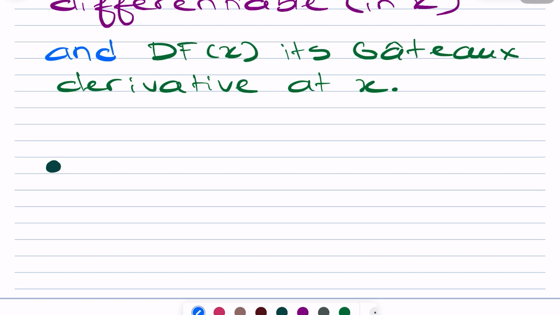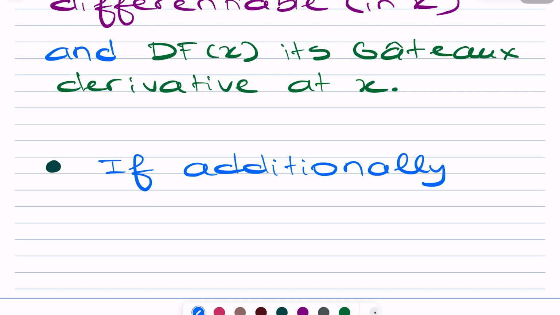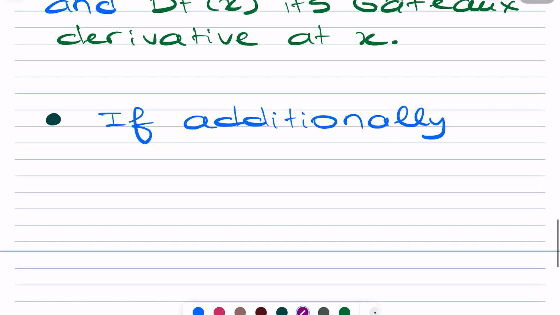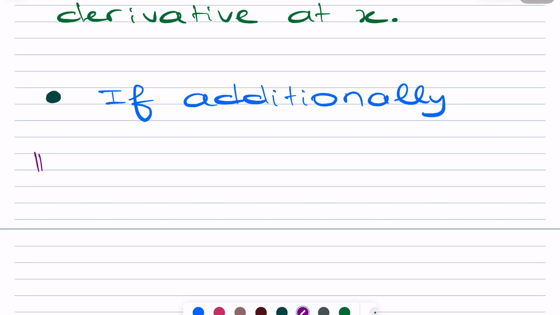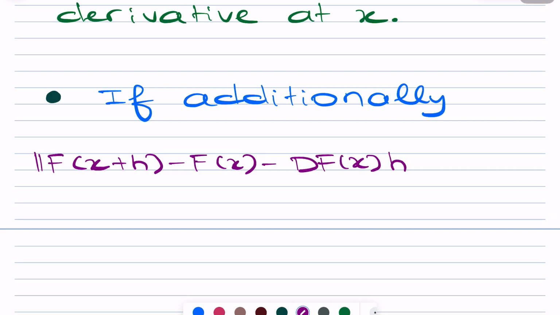So if additionally the limit, probably I will not write the limit, but I will just write the short notation: if the norm of f of x plus h minus f of x minus the Gâteaux differential of f at x applied to h, let me put it in brackets, because df x is a map.